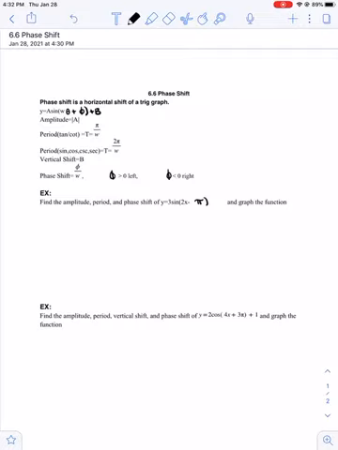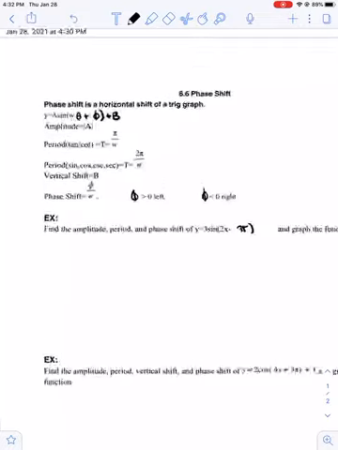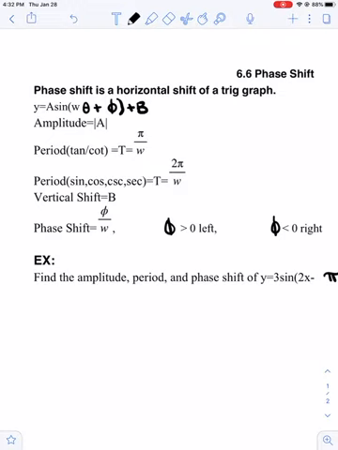So let's just go over our general formulas. We have y equals a sine of w times theta plus phi, and then plus b. So that new piece is the phi. The a, we know, is the amplitude, and you find that by doing the absolute value of a.